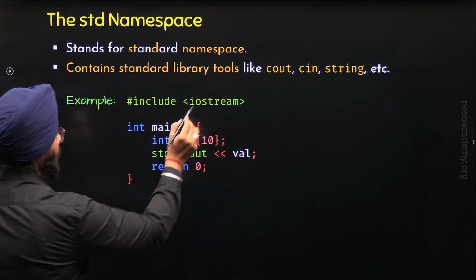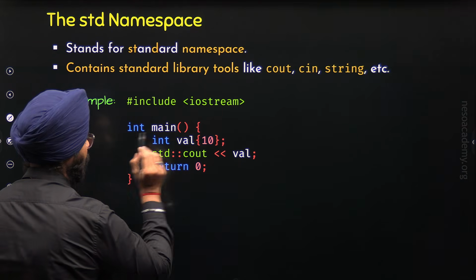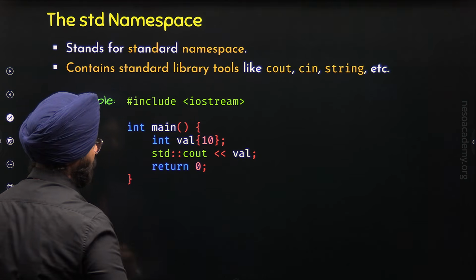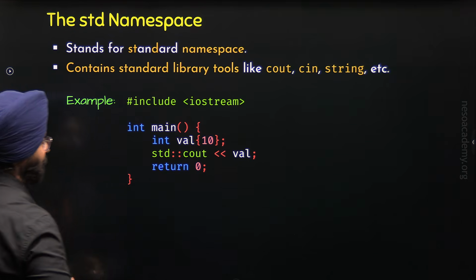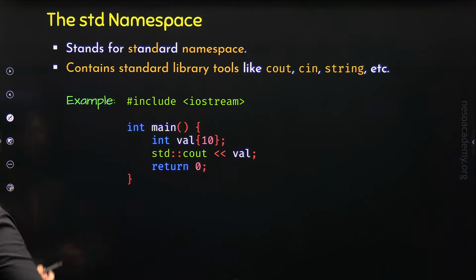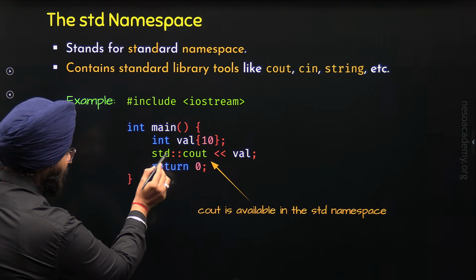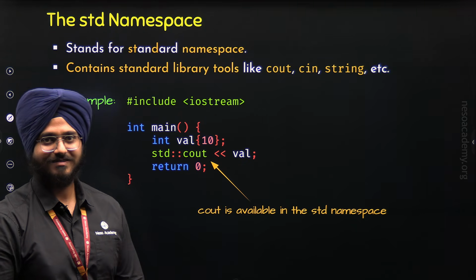Here I have included the IOStream header file, and within this main function I have defined variable val with value 10. Here is the std::cout statement which allows us to print the value of this variable which is 10. Here we can observe that cout is the object which is available in the std namespace.